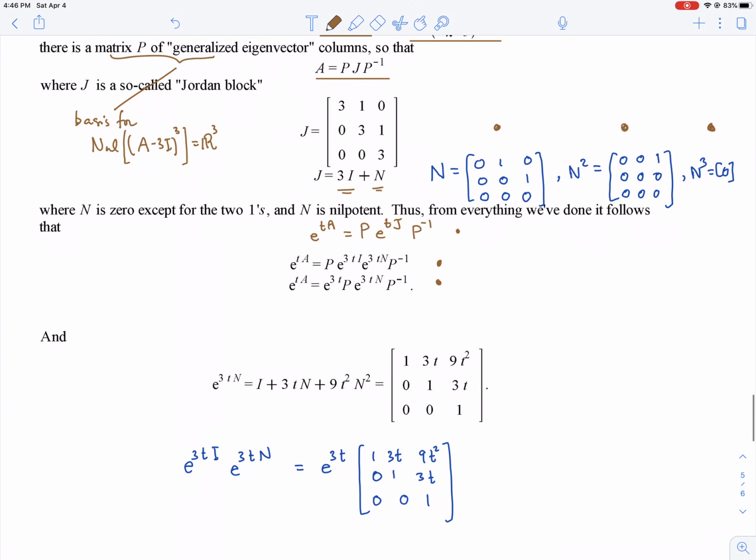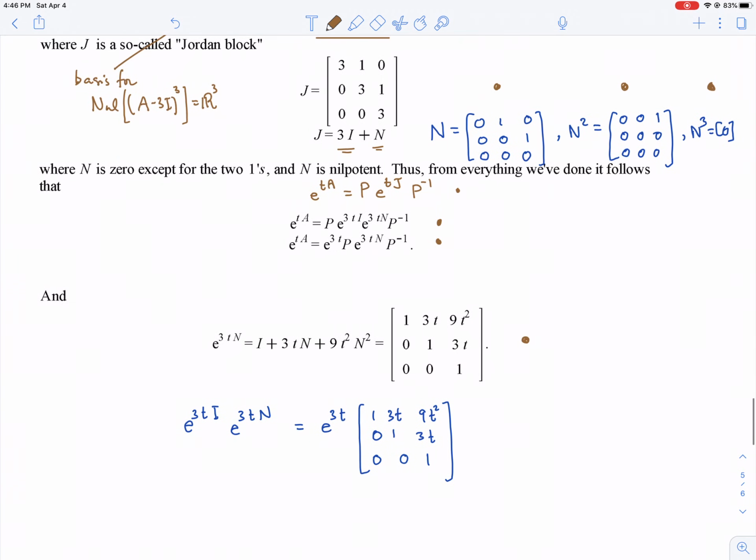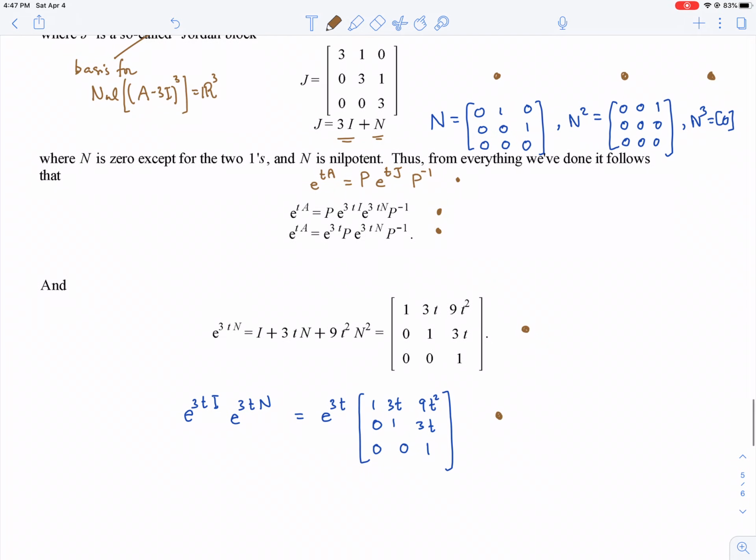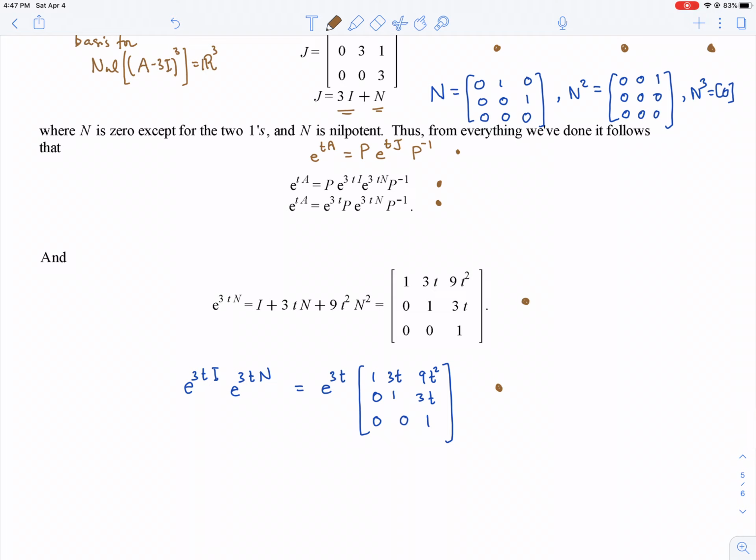All right, and you can check, because N cubed is 0, that the e to the tN in this example just has that pretty form, and then the semifinal, e to the 3t I times e to the tN, has this form, and then finally, to get e to the tA, you'd have to multiply on the left by P, and on the right by P inverse.